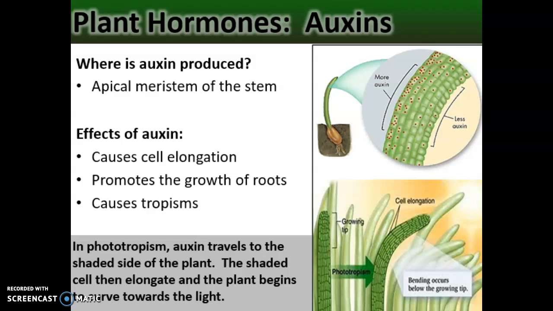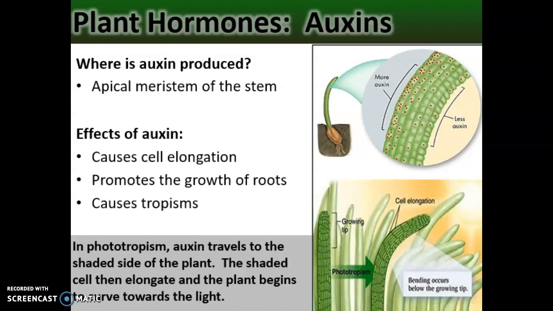In very small concentrations, it also promotes the growth of roots. So when you have something called a rooting hormone, you can cut off a stem of a plant, dip it in the rooting hormone, then plant it in some soil, and that stem will grow roots right out the bottom. It's a form of asexual reproduction called making cuttings. It's very simple to do, and it's an easy way to propagate many plants.